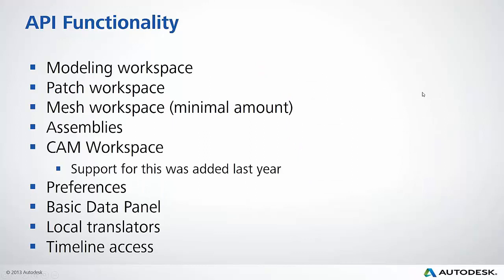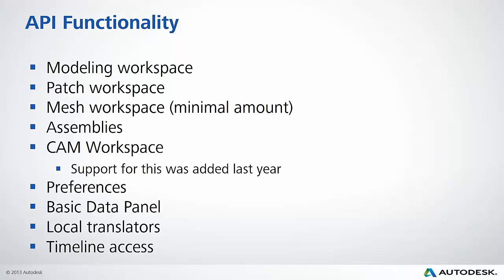Okay, so then next I wanted to look at the functionality that we have in the API. Currently the modeling workspace, probably about 80% of it you can do through API. With patch workspace, maybe like 50 or 60%. And then there's minimal coverage on the mesh workspace.